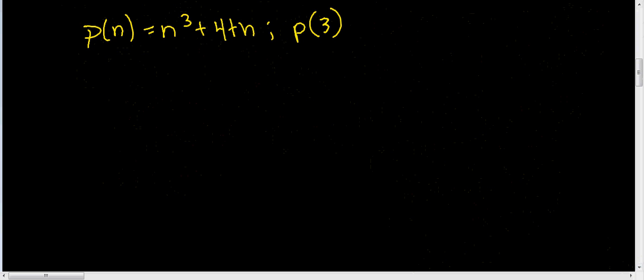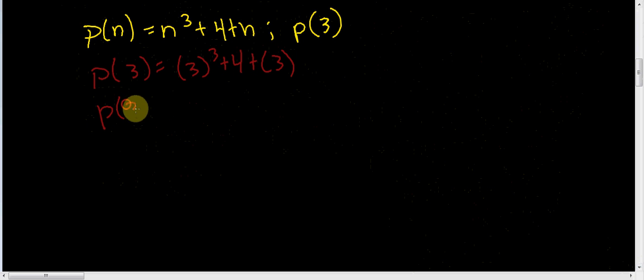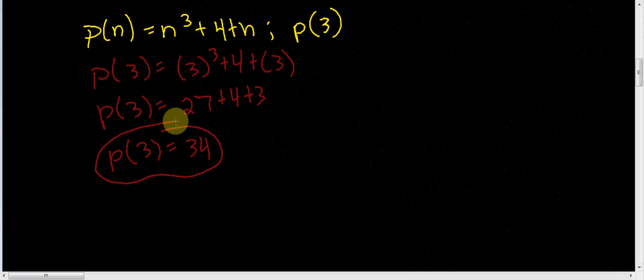So we're going to put 3 in everywhere we see n. And we have p of 3 is equal to 27 plus 4 plus 3. And therefore p of 3 is equal to 34. And we're done. Pretty basic, pretty straightforward stuff there. We're not doing anything more than subbing in a number for our variable and following the order of operations.